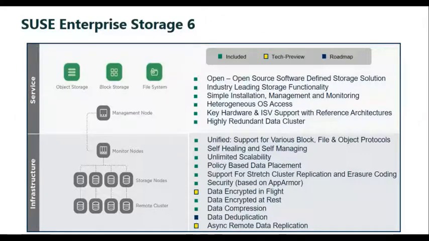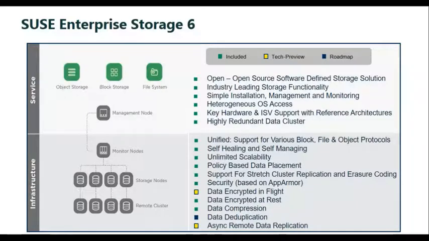There's one feature which is mentioned in black, which is data deduplication. That feature is planned, it's part of the roadmap, but it is not available in the current version. Being a distributed storage, being a storage which is created completely out of commodity hardware, it is a bit difficult to implement cluster-wide data deduplication.